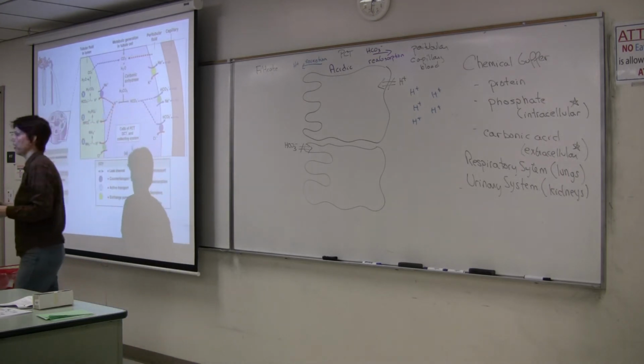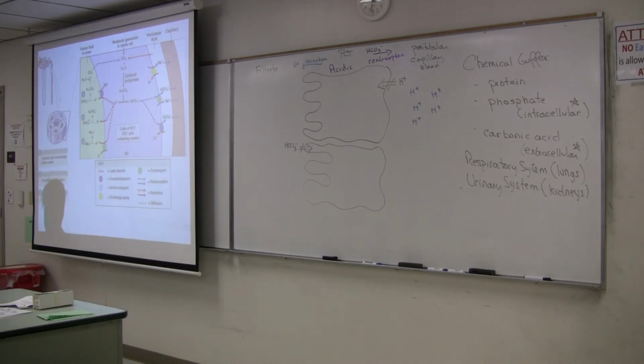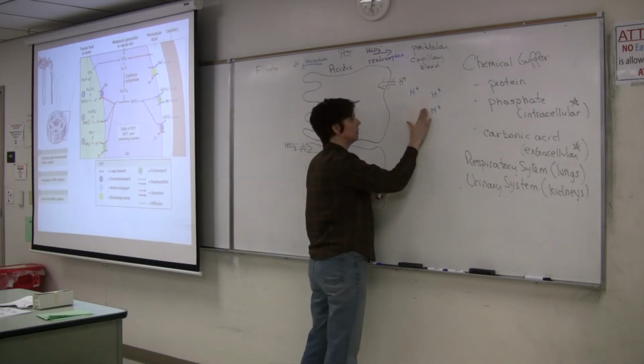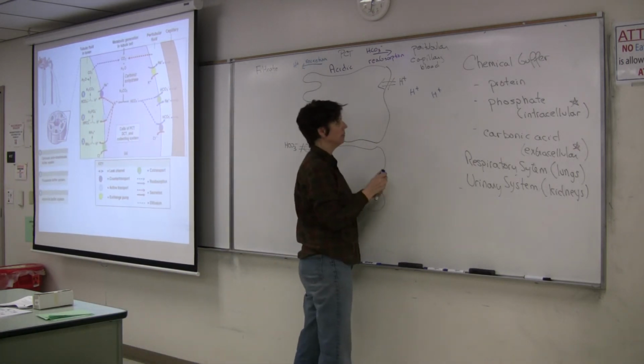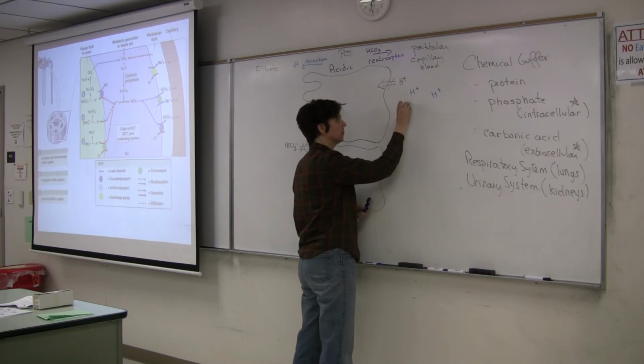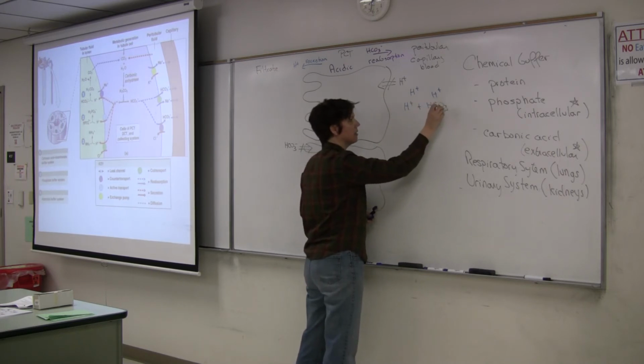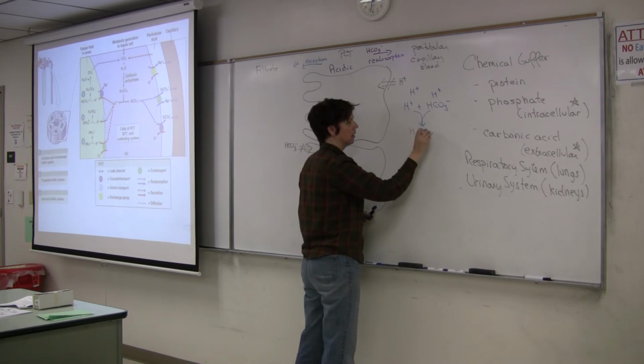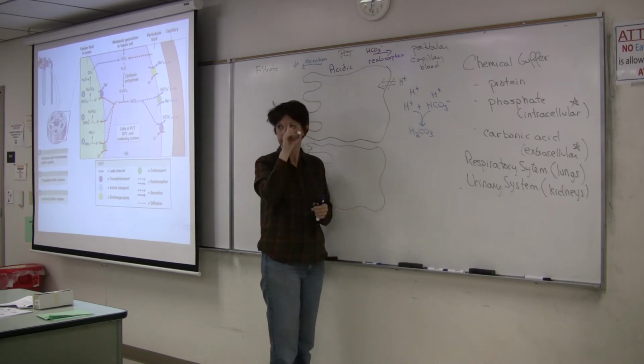So in the blood-brain barrier, what did we move if we couldn't move hydrogen ions? CO2. So in the blood, hydrogen ions will combine with bicarbonate ions and form carbonic acid.